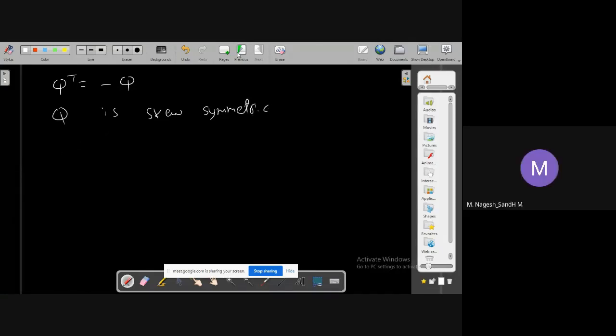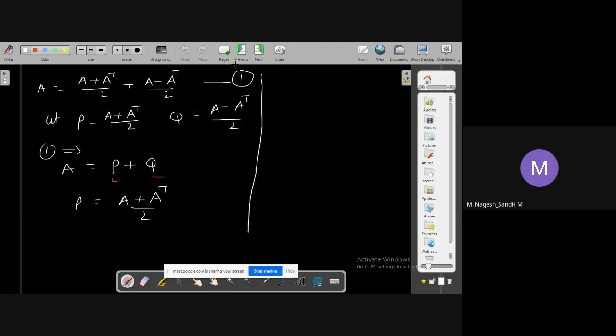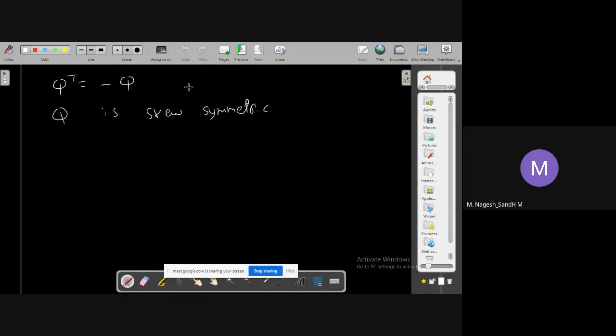Therefore, in the one previously, A is equal to P plus Q. What did you get for P? Symmetric. And Q? Skew symmetric.